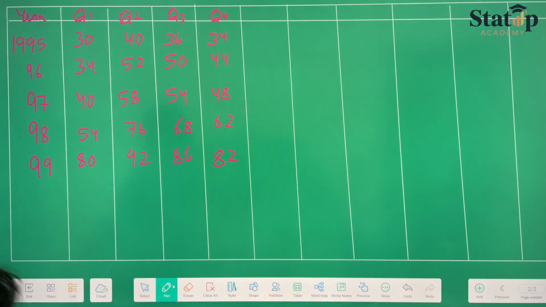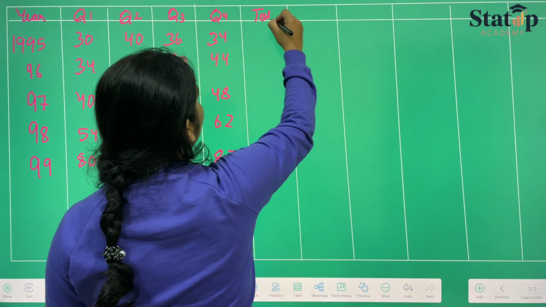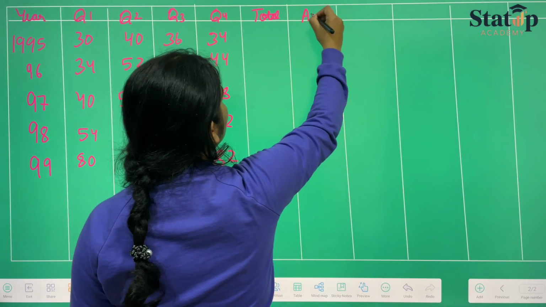So this has been given, and using the ratio to trend method, we have to determine quarterly seasonal indices. First of all, we'll calculate the total of these quarters. Then we'll calculate the average of these quarters.